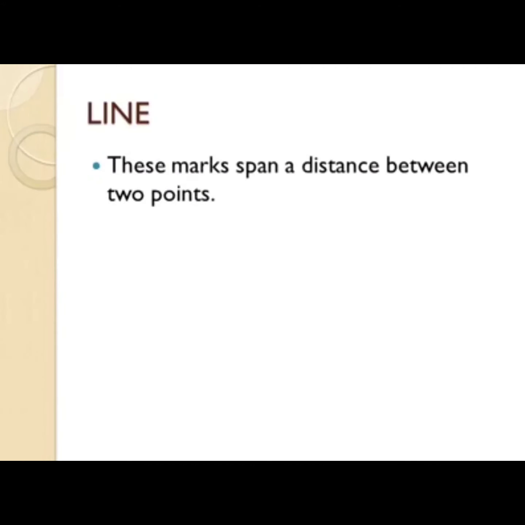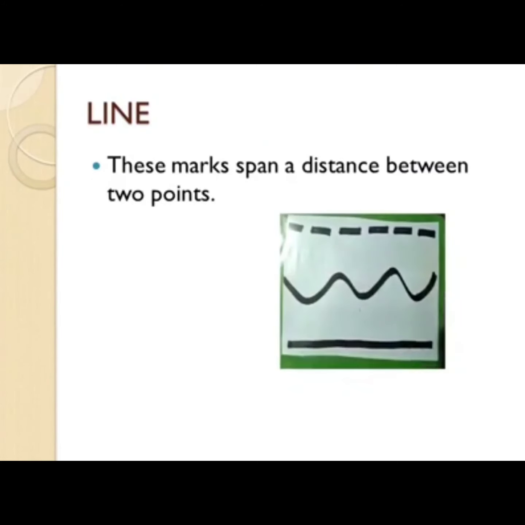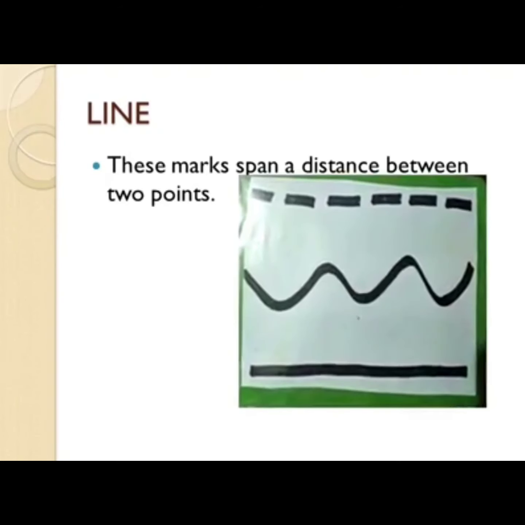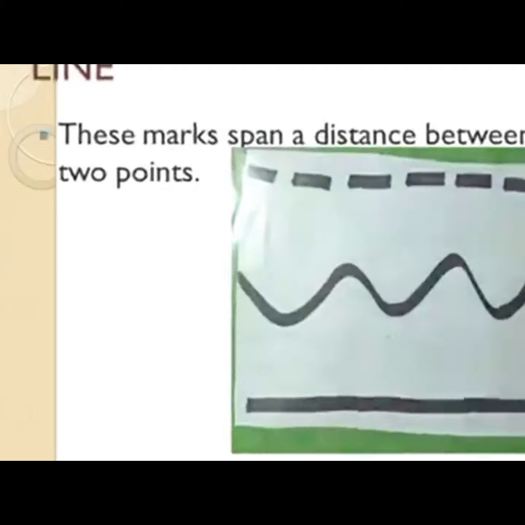First is the line. Line is a mark that spans a distance between 2 points. Okay, so look at the picture. As you can see, there are various types of line. It could be wavy, dashed, dotted, or straight, horizontal, or it could be vertical.